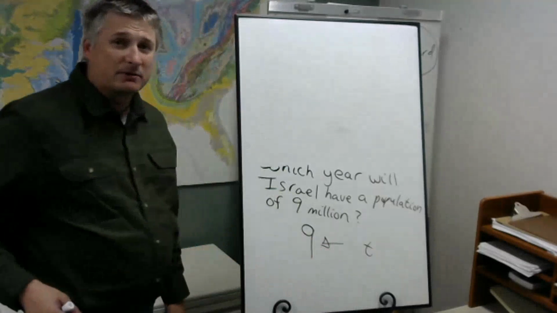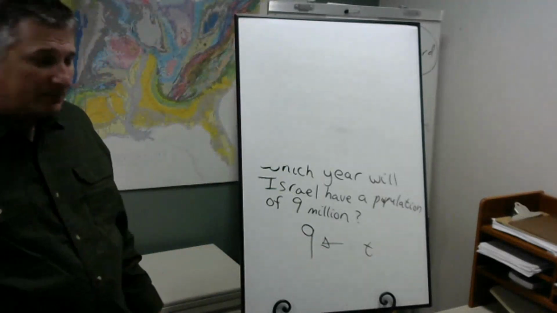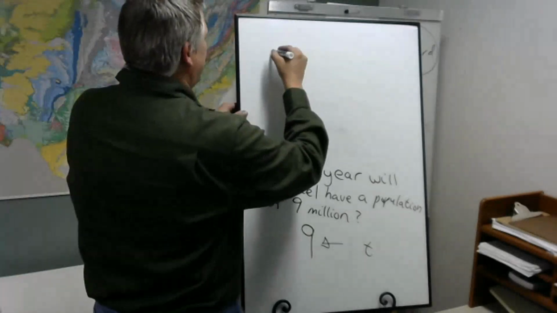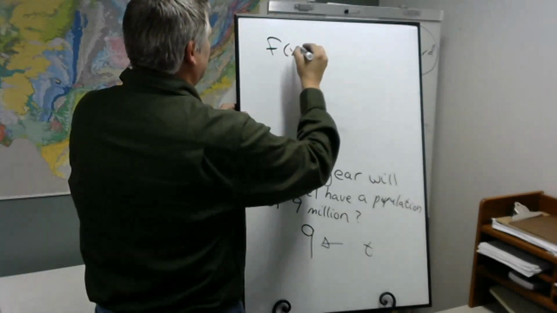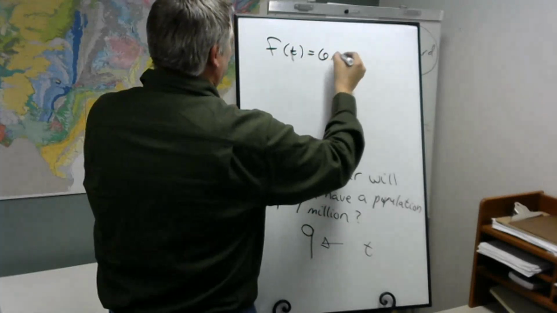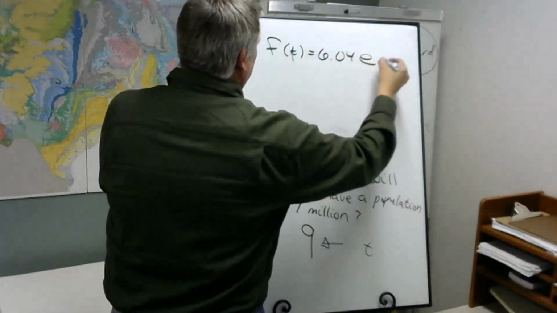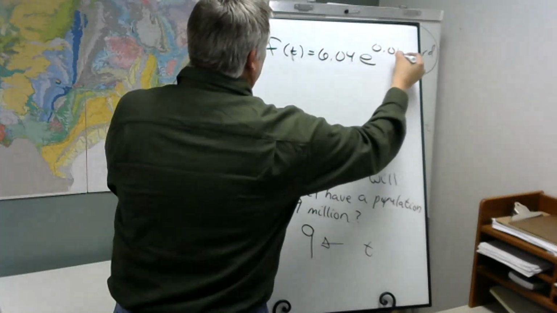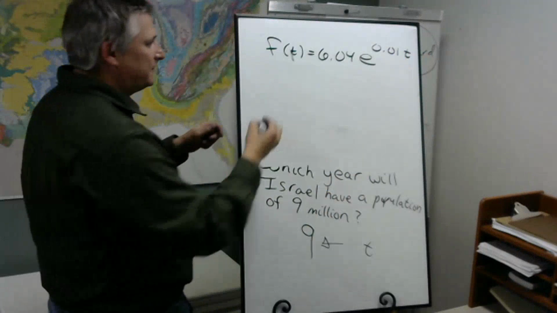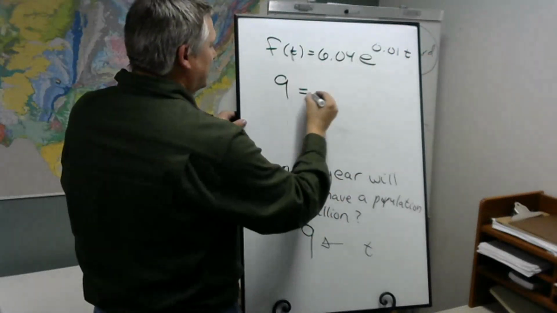We're going to get a 9 from our formula. Well, we don't know which t. We've got to solve for it. So we have our formula. We want to ask the question, for what value of t is the population 9 million?